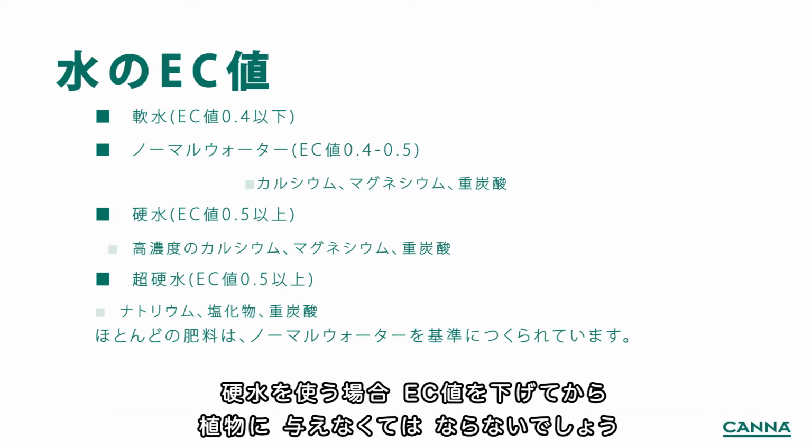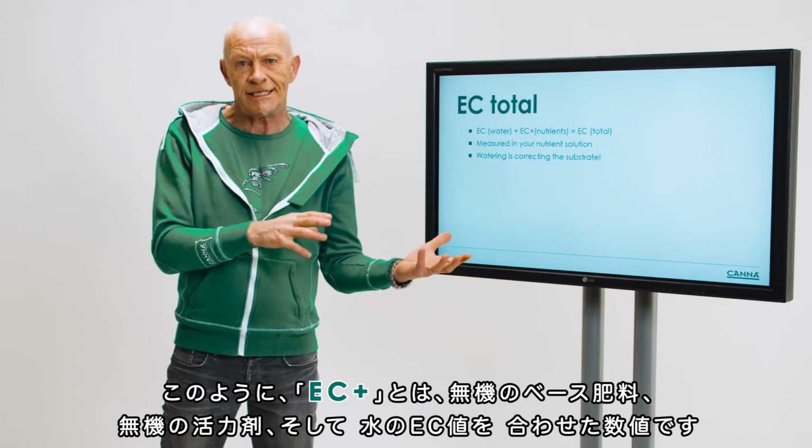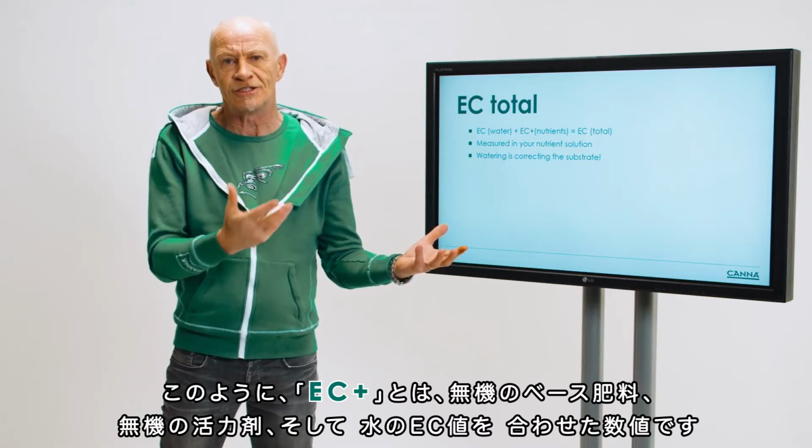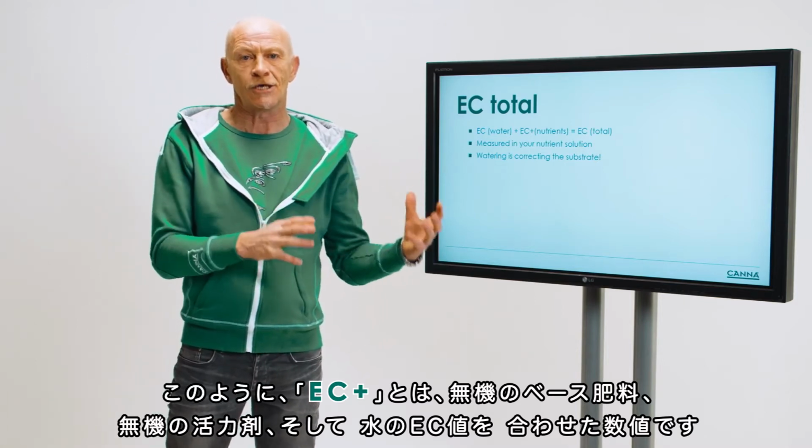In general, we have to dilute these types of waters to a lower level to make it usable for plant growing. The total of the EC plus from the mineral nutrients and additives and the tap water makes the EC total.